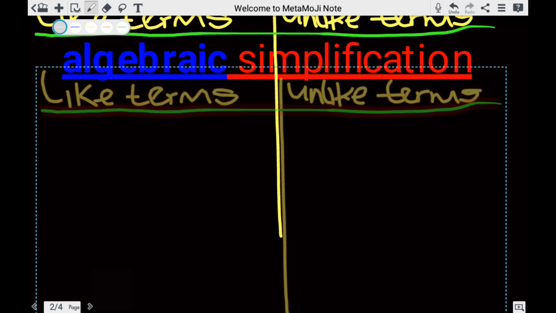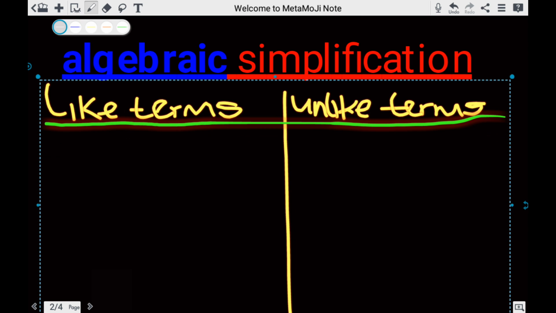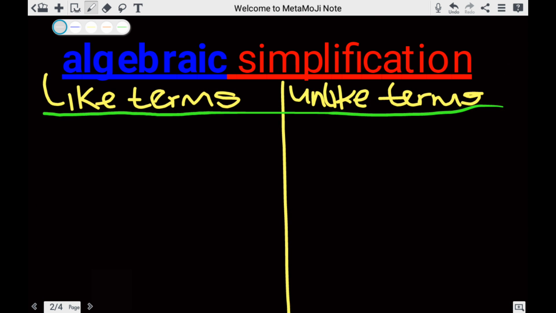So here is the table. You can see that we have like terms and unlike terms. Now, what are like terms and what are unlike terms? Before we talk about like terms, let's talk about the word like.